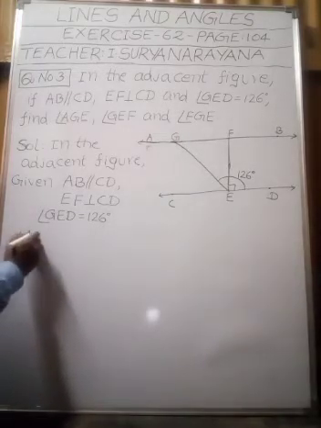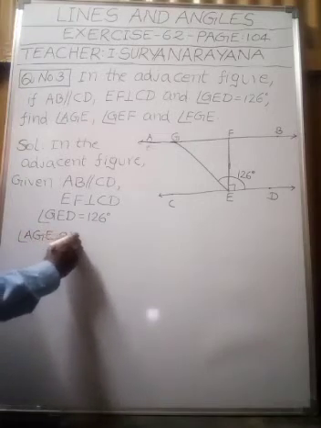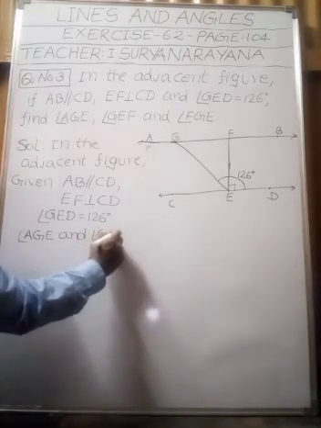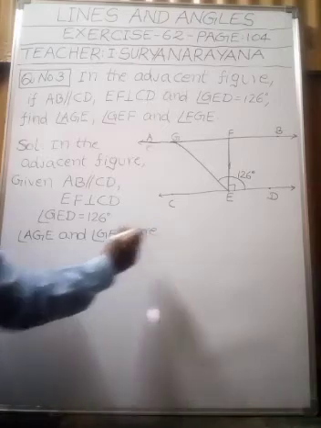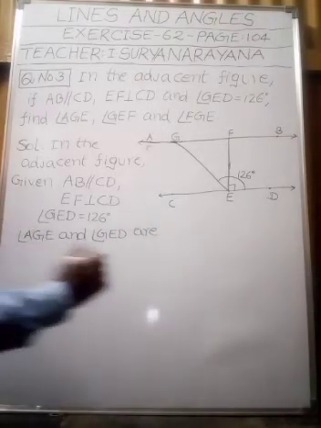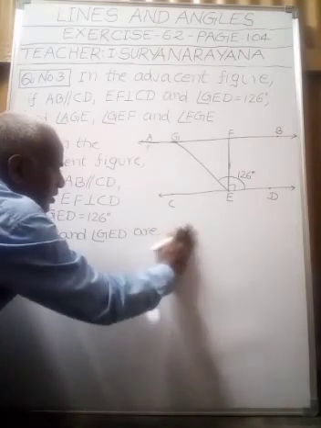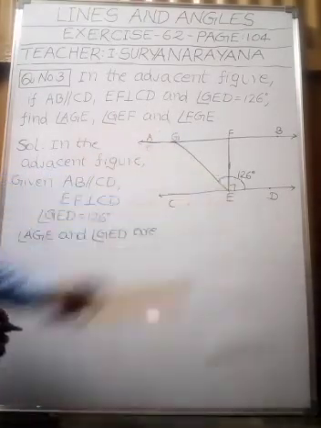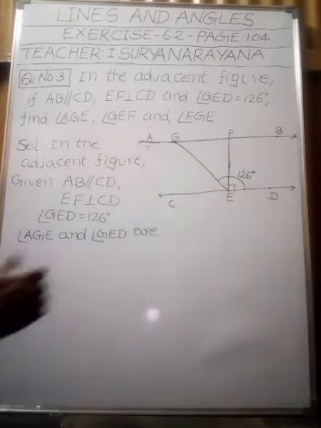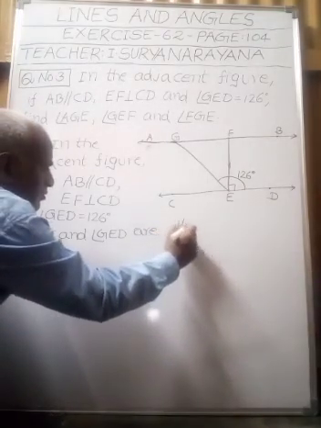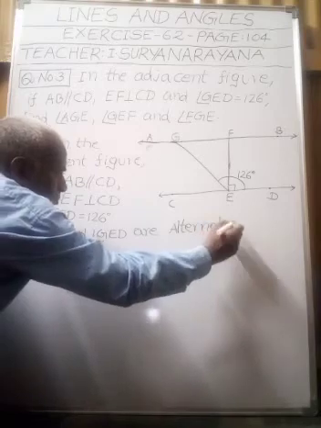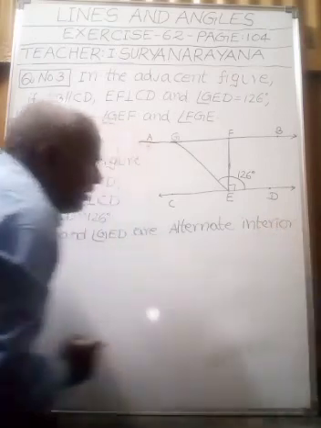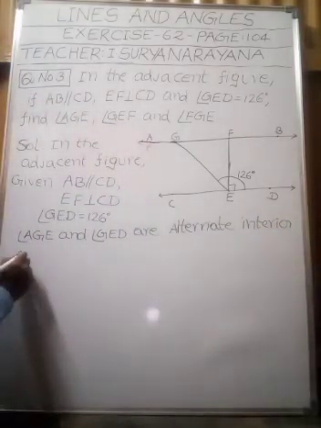Angle AGE and angle GED form a pair of alternate interior angles.